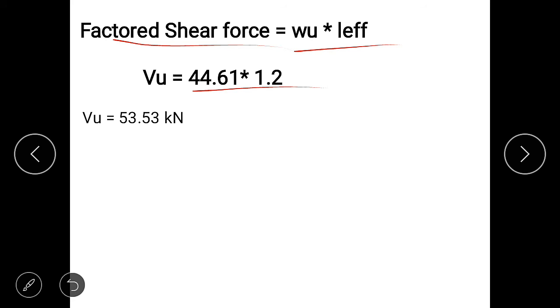If a simply supported beam is given, then the formula is WU into LE divided by 2. But here our beam is cantilever, so the formula is WU into LE. So W is 44.61 into 1.2 length. So VU is 53.53 kilonewton or 53.53 into 10 to the power 3 Newton.